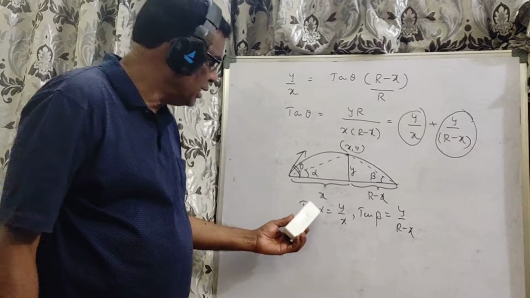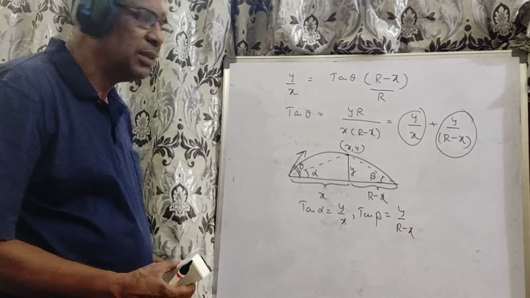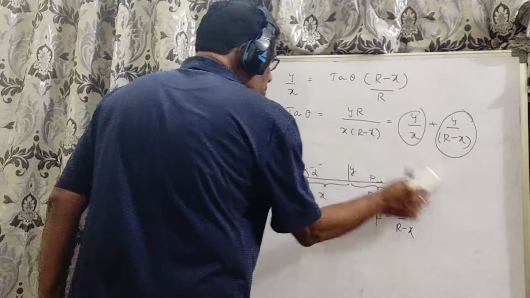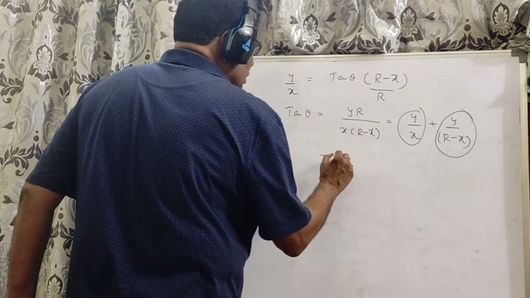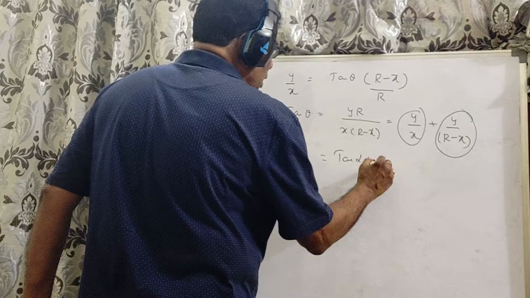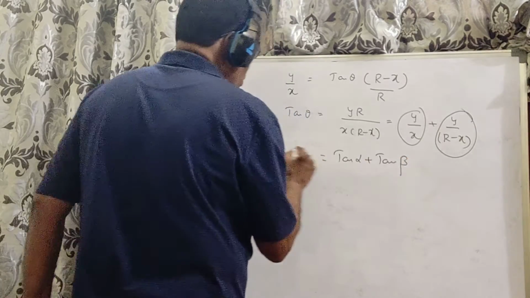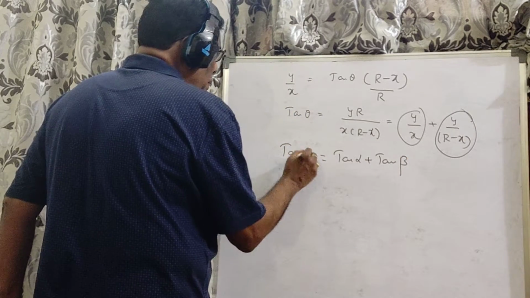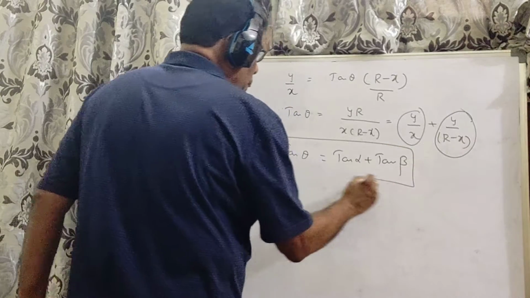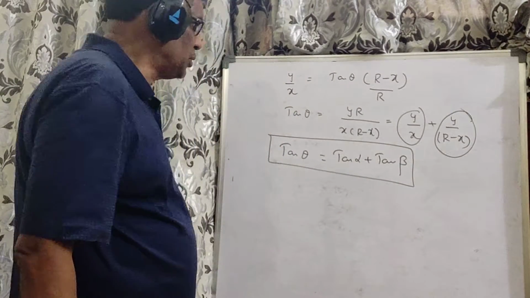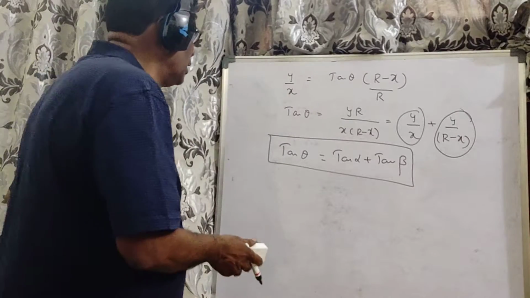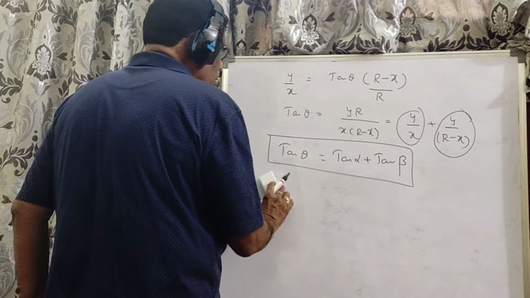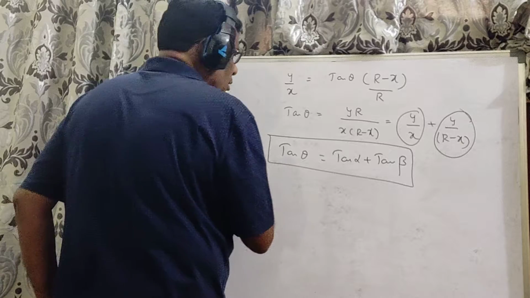So I can write directly tan alpha plus tan beta. There are so many ways you can try to write them. You got this point?